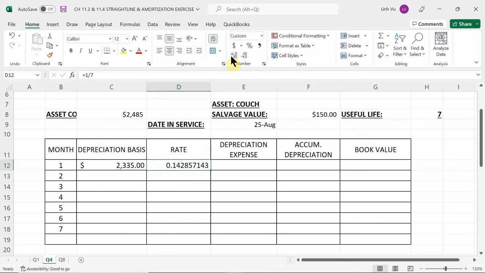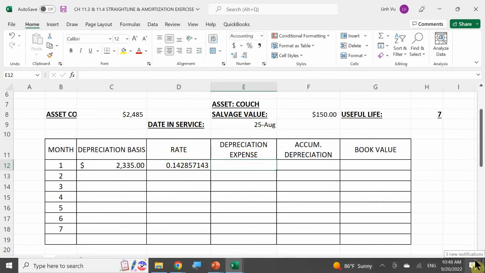Remember, the best results, if you're going to calculate them on the calculator, is to use at least 6 decimal places. So in this case for you, it'd be 0.142857, and that will give you the best number. Okay? So then, how do I solve for my depreciation expense for the first month?